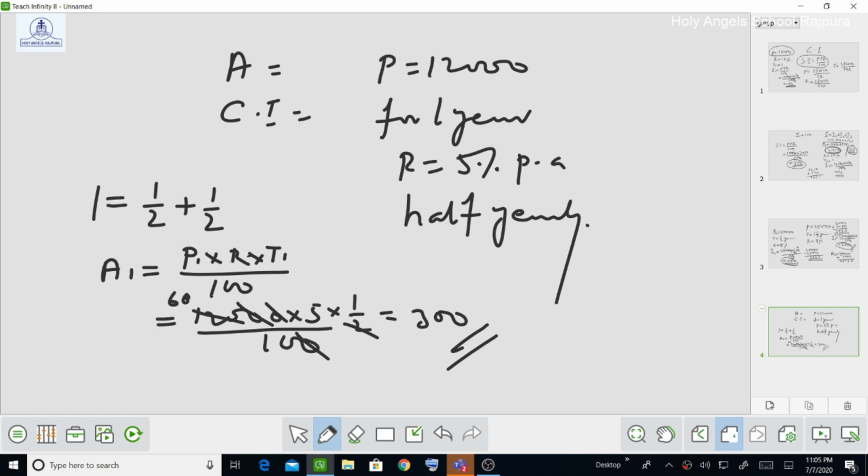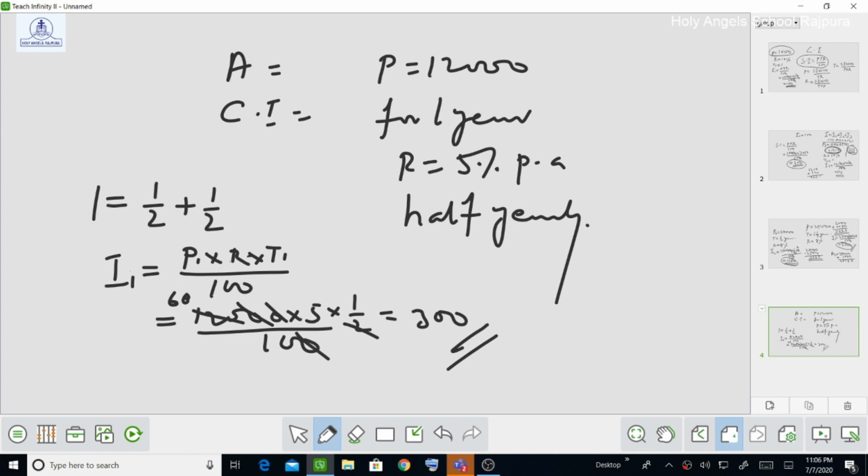Sorry, it is I1, not A1. A1 is the sum total. This is I1. Interest for the first half year is 300 rupees.